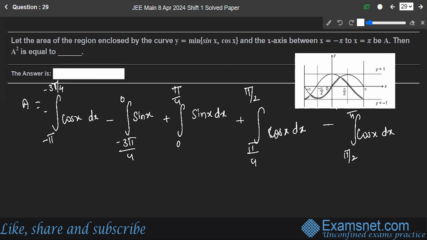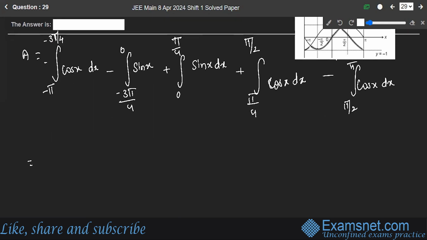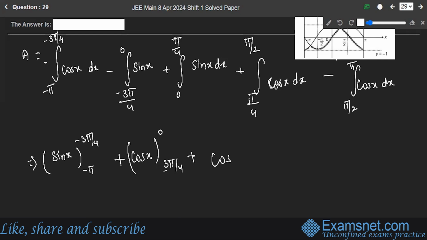So let's solve it. The integral of cos is sine, from minus pi to minus 3 pi by 4, and this will be minus. Plus, from minus 3 pi by 4 to 0 it will be minus cos x, and this is minus outside.